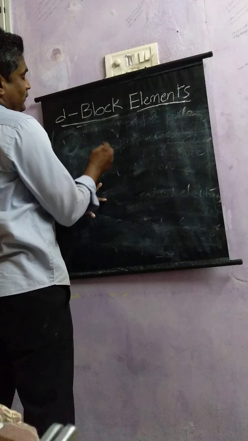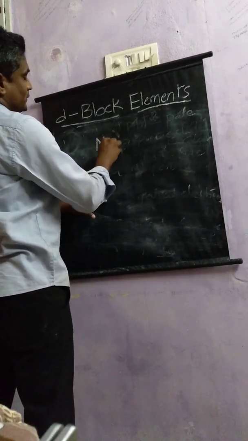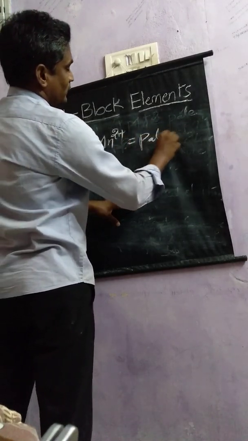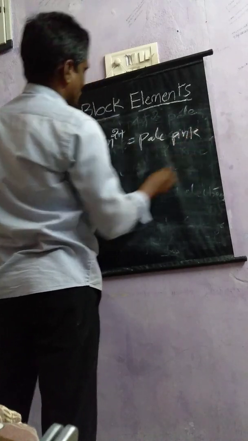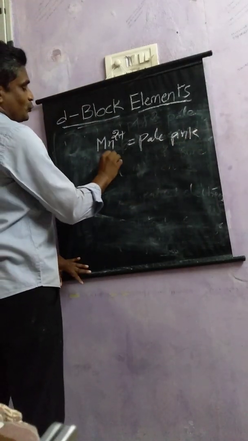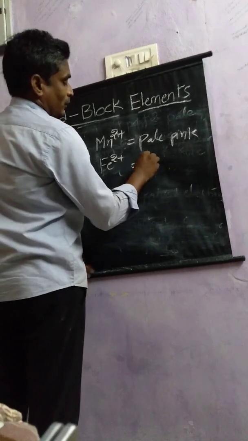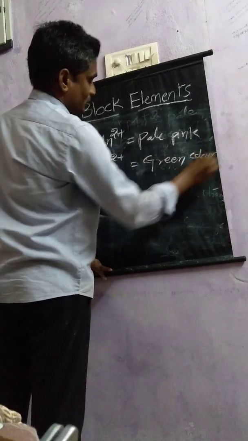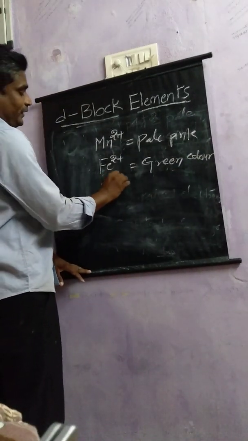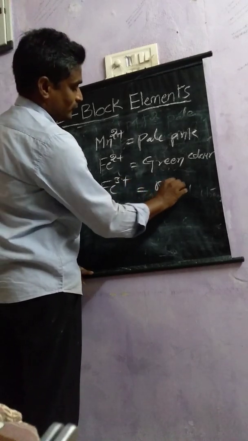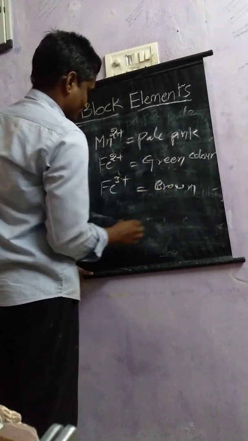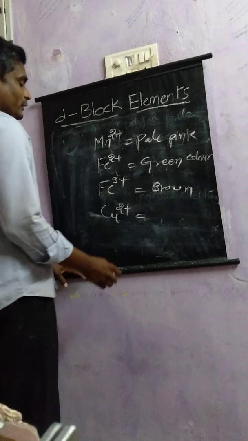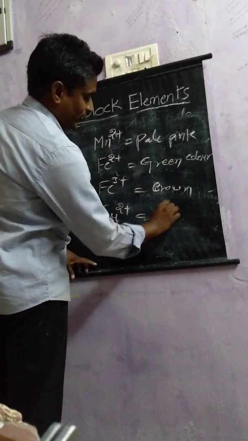Once again, I am writing ionic form and its color. Manganese, when it is in +2 form, will exhibit pale pink color. Iron, when it is in +2 form, will exhibit green color, and when it is in +3 state, brown color. And finally copper, when it is in +2 form, will exhibit blue color.